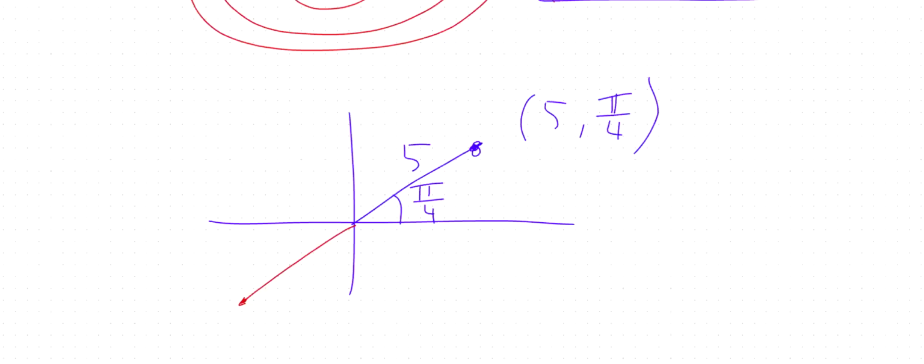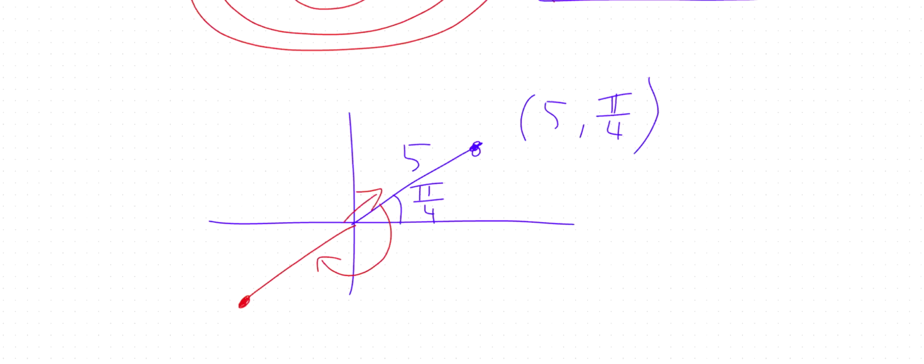If I want to go there, we could still do r 5, pi over 4. That's still going to work. And I said that we normally want our r to be positive, but it doesn't have to be. A negative r would mean we're going in the opposite direction. So we could turn and look the other direction and then go -5 units.